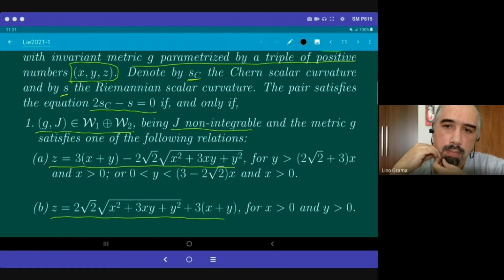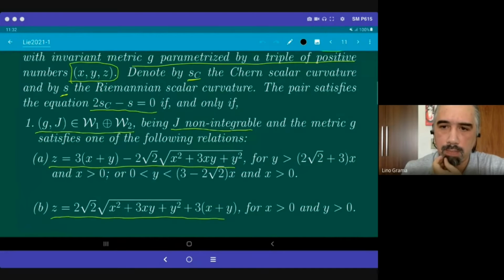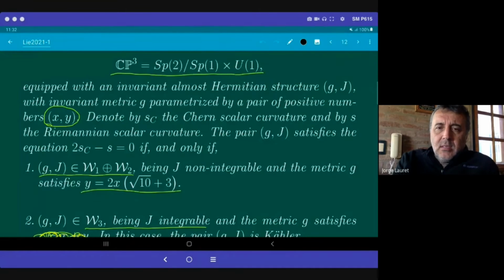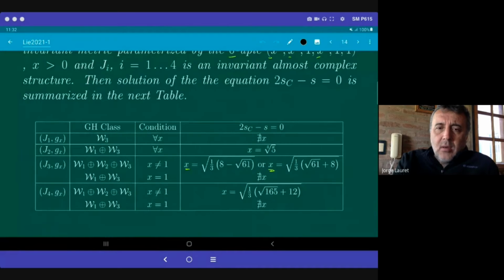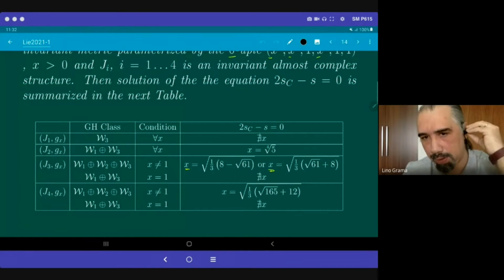And what about these tables at the end? Can you show them again? The tables at the end. Did you get almost Kähler examples with the same? I don't remember the names.